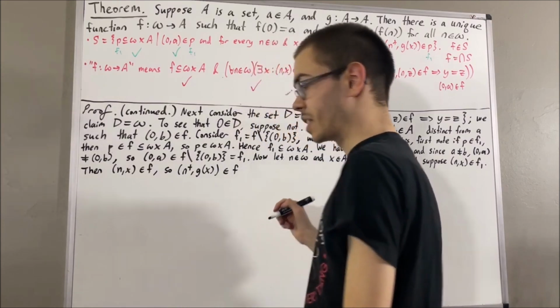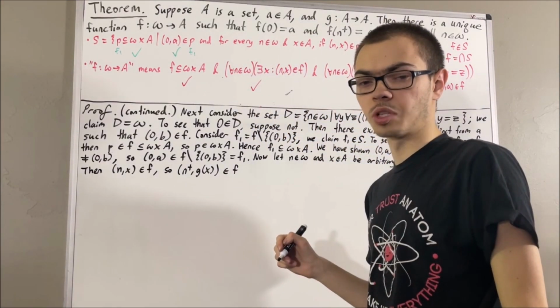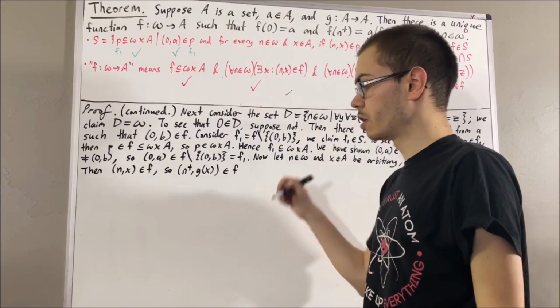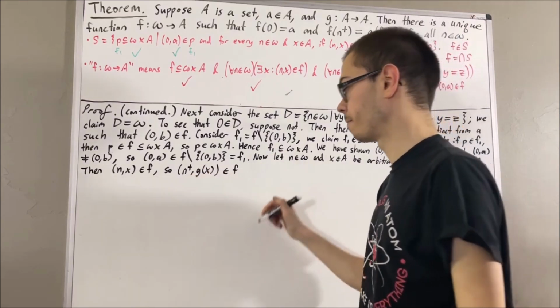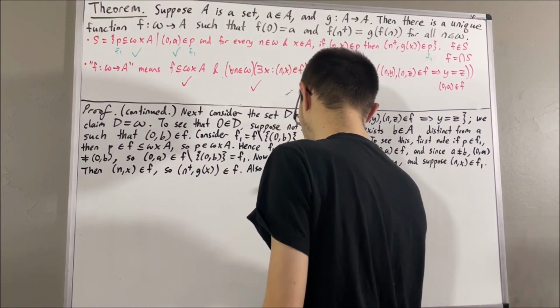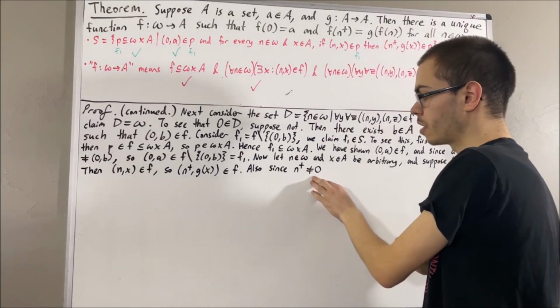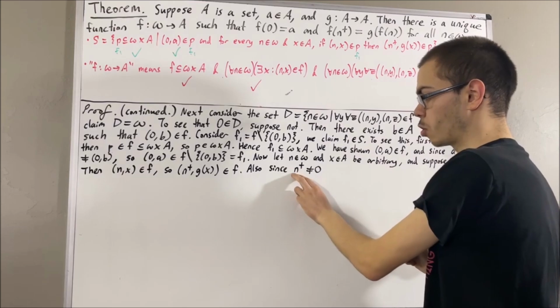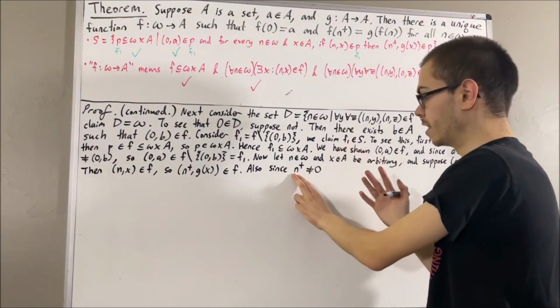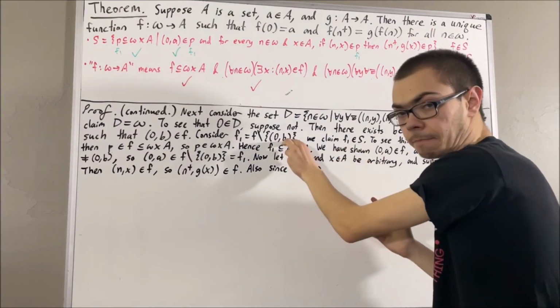But also, we know that 0 is not the successor of any natural number. So in particular, 0 is not the successor of n. So since 0 is not equal to the successor of n, there's no way that (the successor of n, g of x) is equal to (0, b).